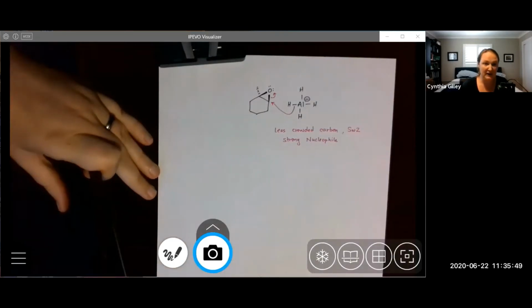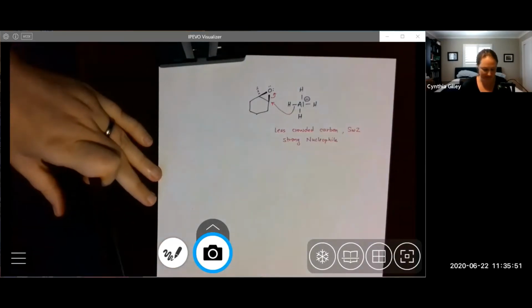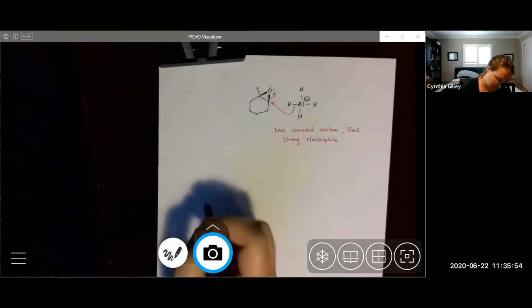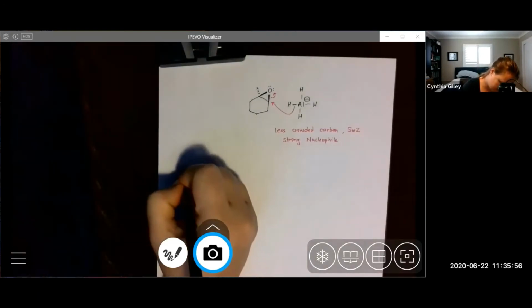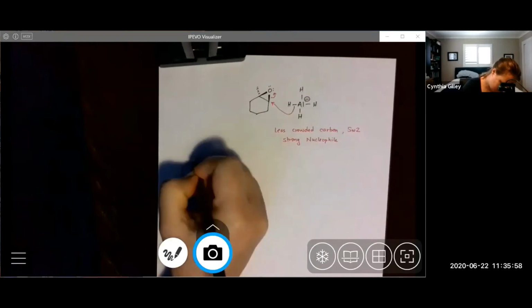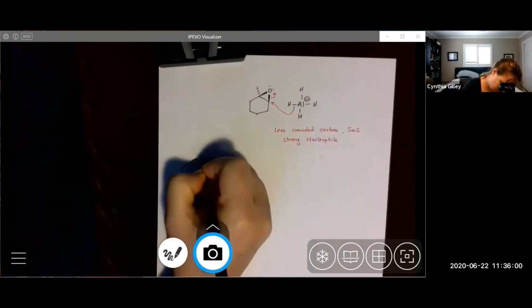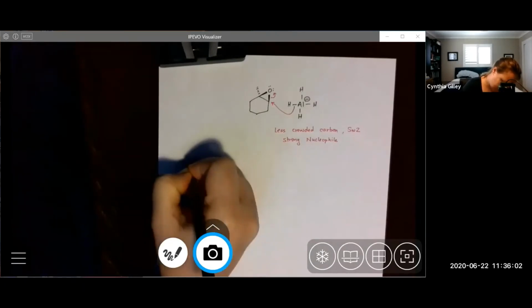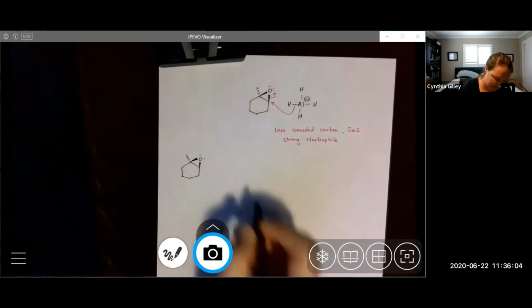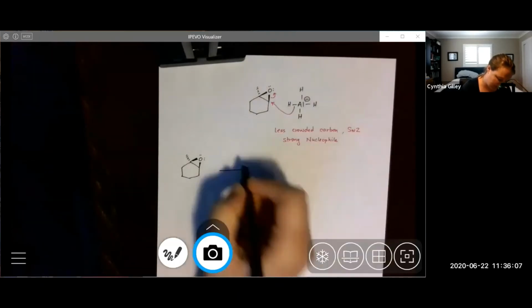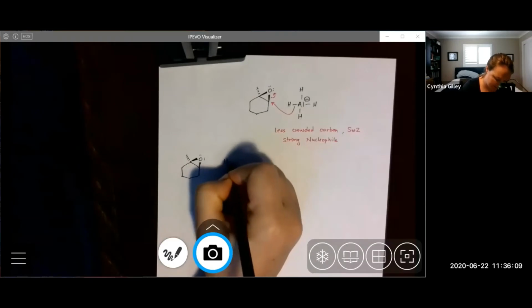But let's see how this changes under acidic conditions. We can go ahead and use this. So we've taken this, and now, for example, we are treating it with HBr.